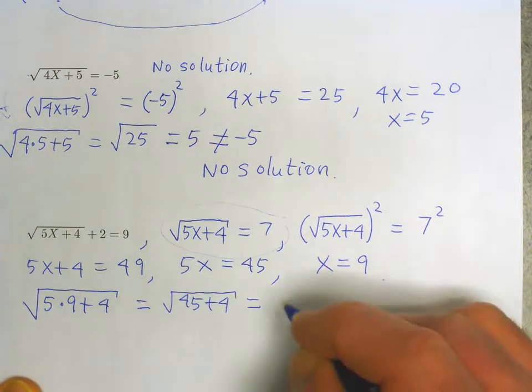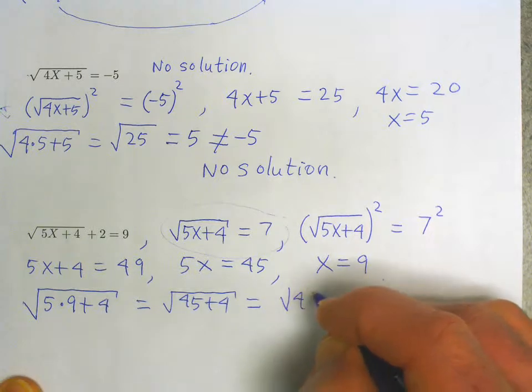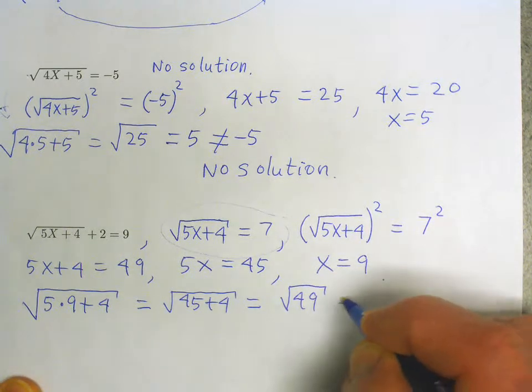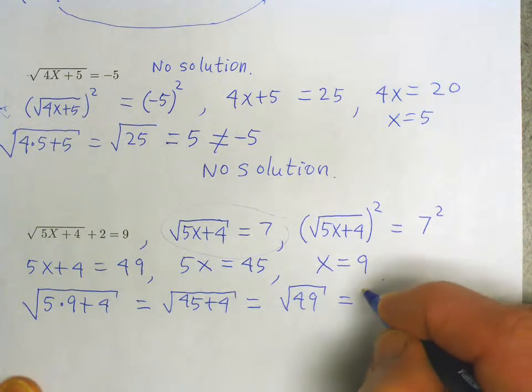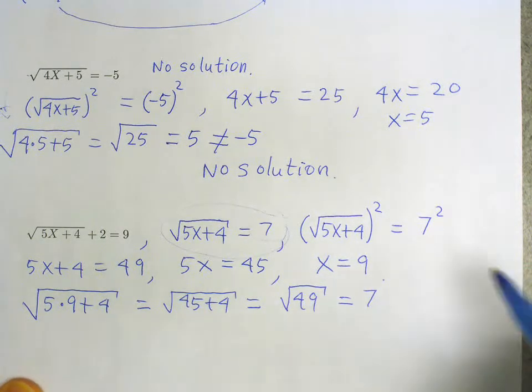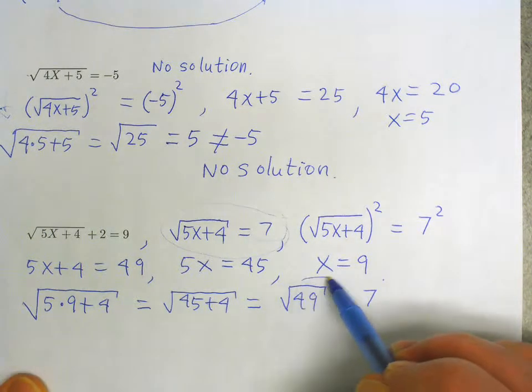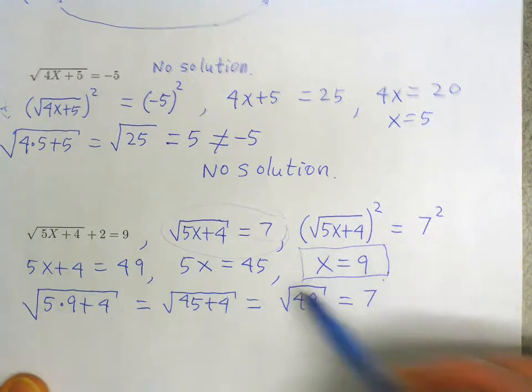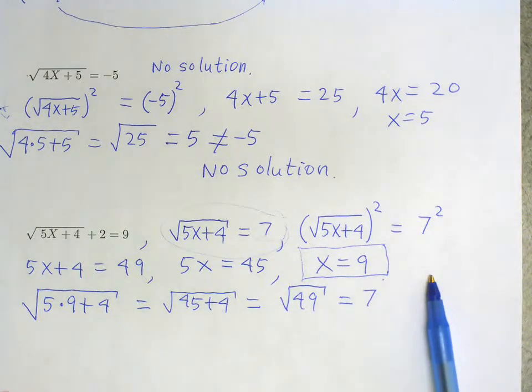And that's equal to the positive square root of 49. And the positive square root of 49 is positive 7. And that's exactly what it's supposed to be. So x equals 9 is the solution to that original equation.